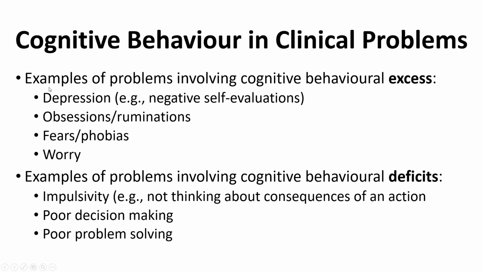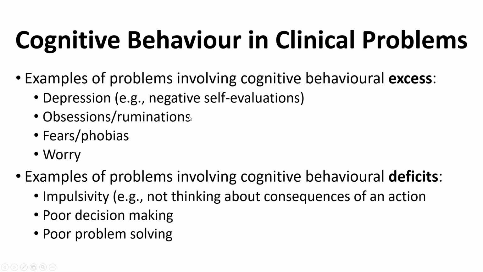So we can have problems, so examples of problems involving cognitive behavioral excess, where we have too much of a behavior happening. Maybe depression, if we frame it as stemming from negative self-evaluations. There is too much negative self-talk going on that can lead to depression.